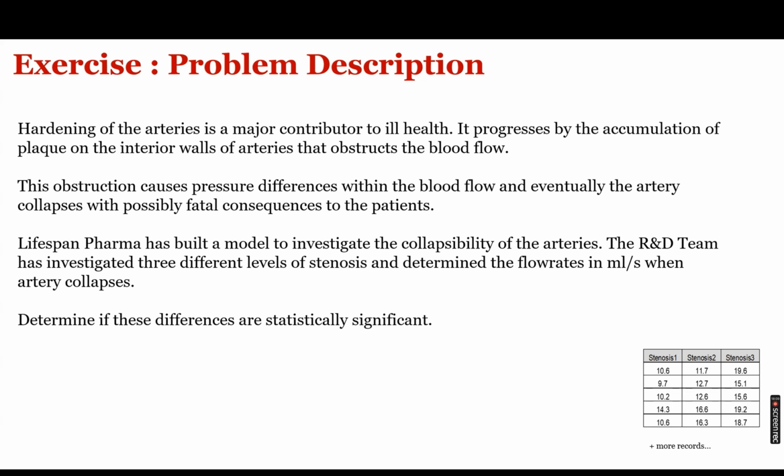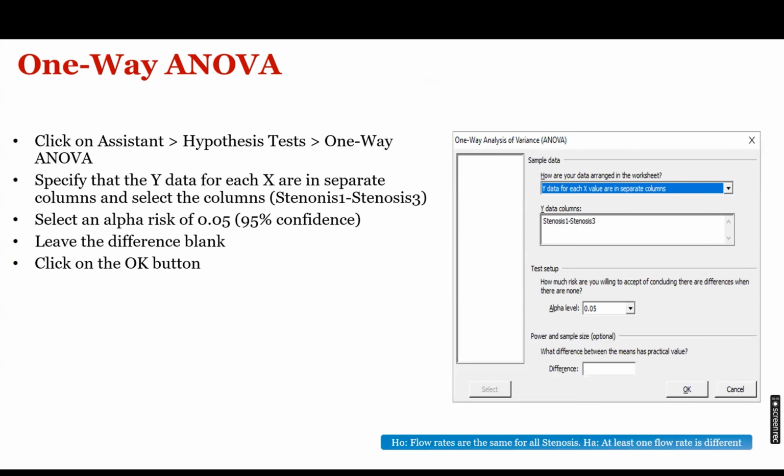We have to show whether there is a significant difference between the three stenosis. Our null hypothesis will be there is no significant difference between the three stenosis, because here we are using more than two sets of data on an average. We will consider the right hand side panel, we will check with one way ANOVA.